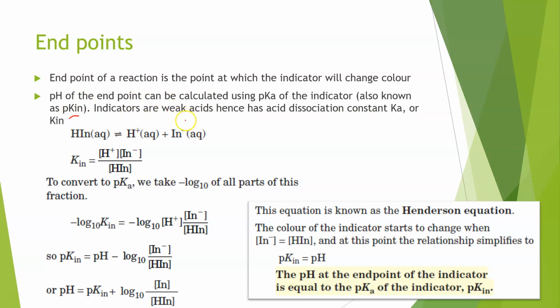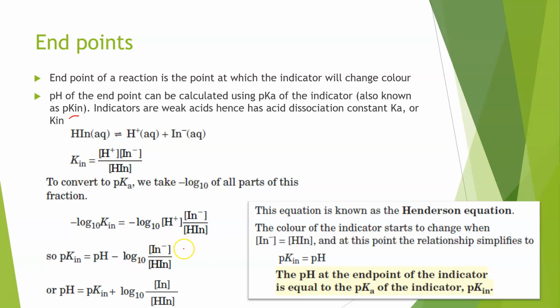The indicators are weak acids, so we can write the dissociation constant for K indicator with the H plus ion and In minus over HIn, leaving out water as we have in the past. So to convert to pKa, we need to take the negative log to base 10 of the KIn.